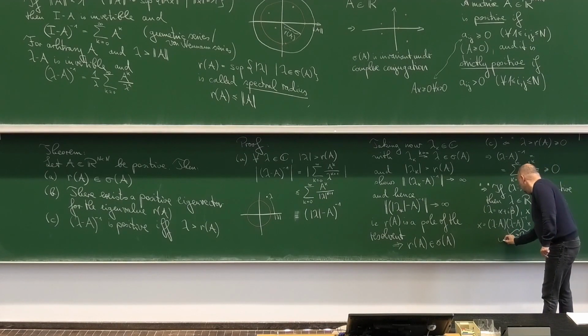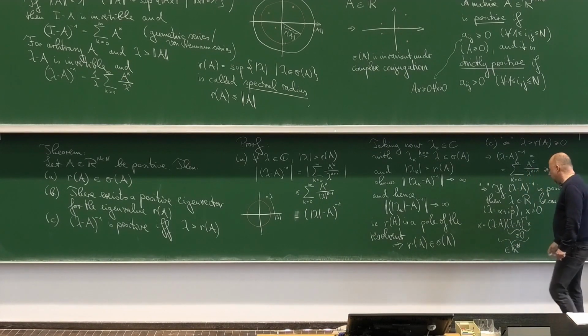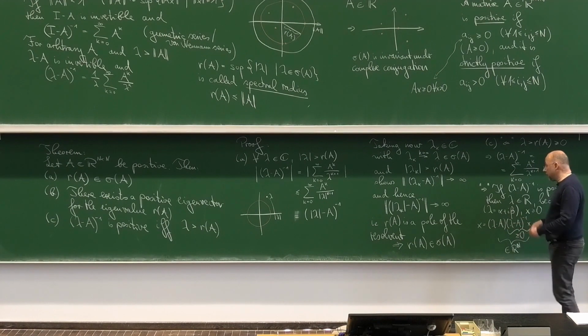actually this here, this is a real matrix. This is a real vector. And here I have alpha times this positive vector. That's also a real vector. But then I have I beta times this positive vector, and that's complex.